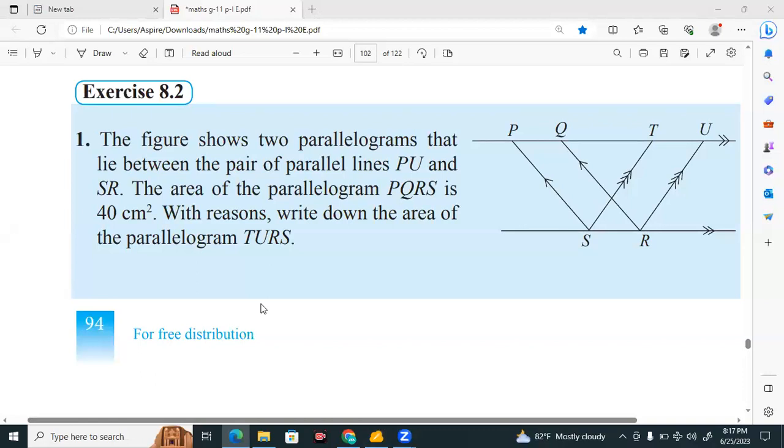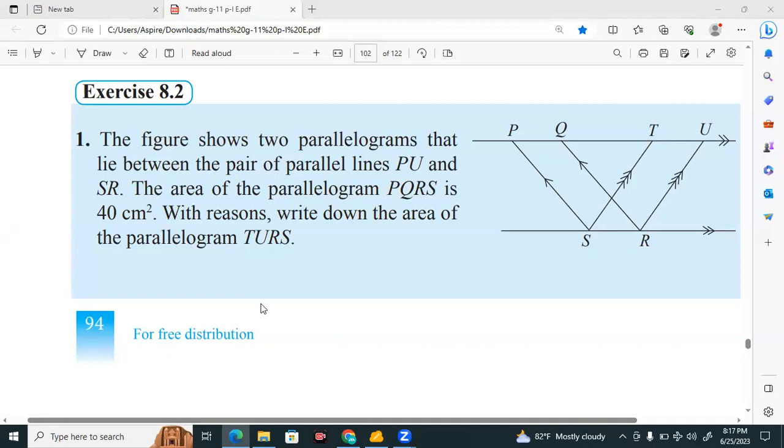Now you should have a better understanding of the relationship between parallelograms which lie on the same base and between the same parallel straight line segments. Then look at exercise 8.2.